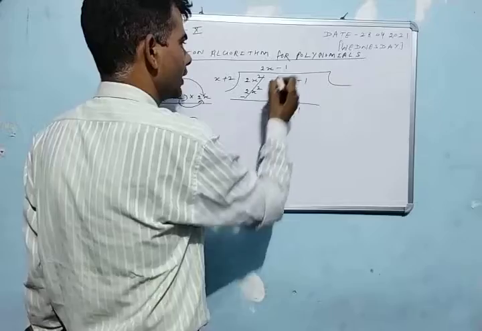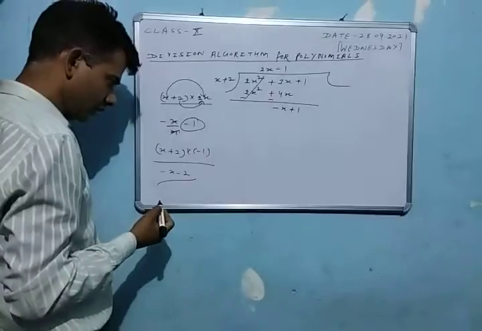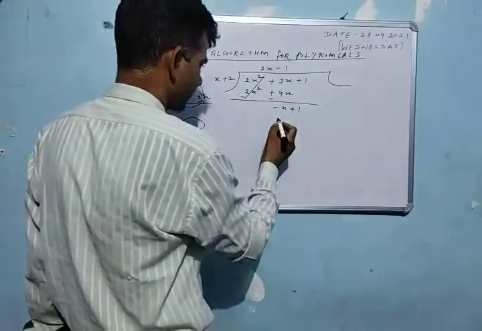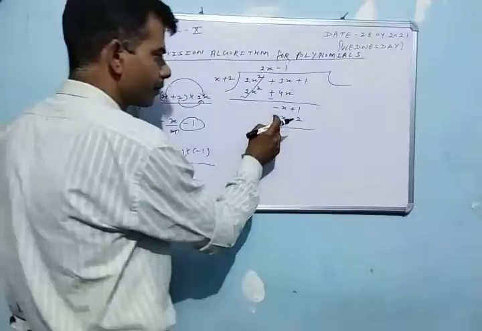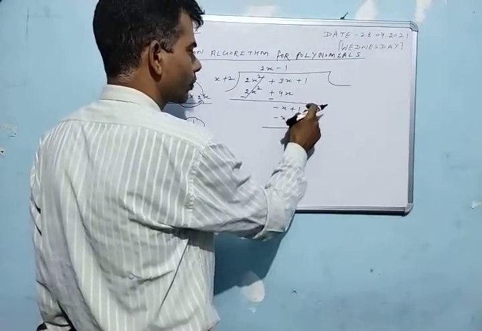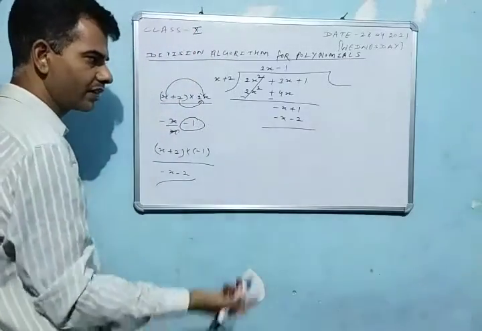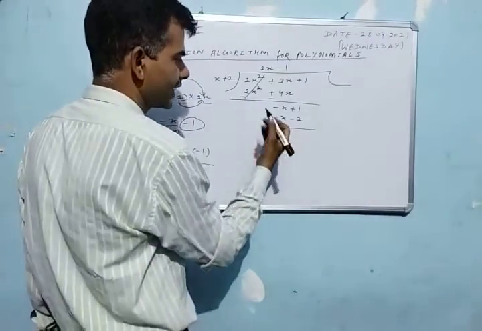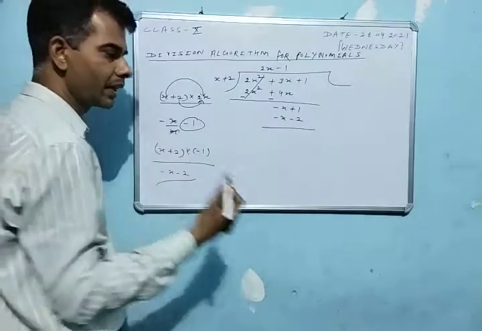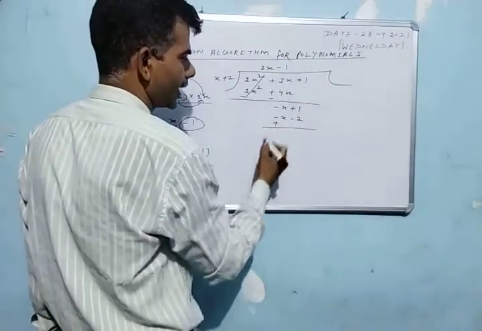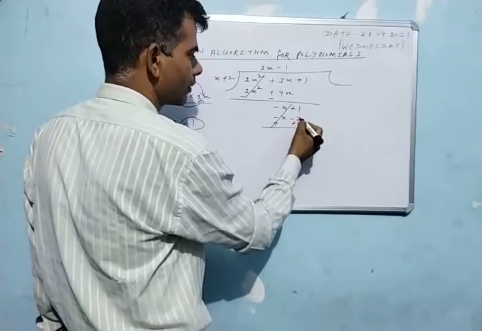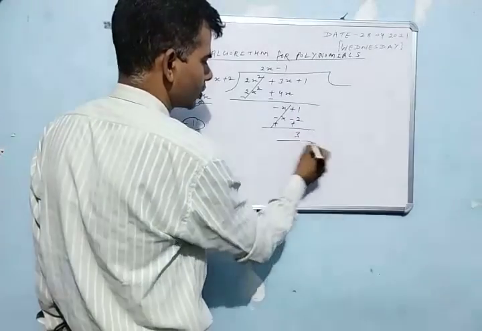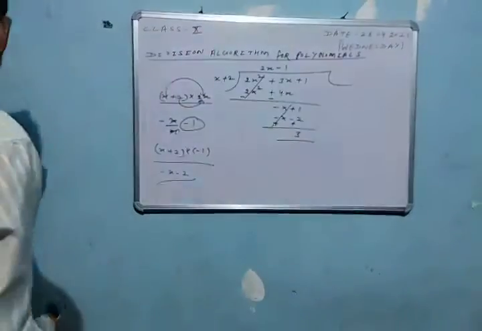Subtracting it from the above values, the signs change, minus into plus and the terms cancel out. Now 1 plus 2 is 3. That is your remainder.